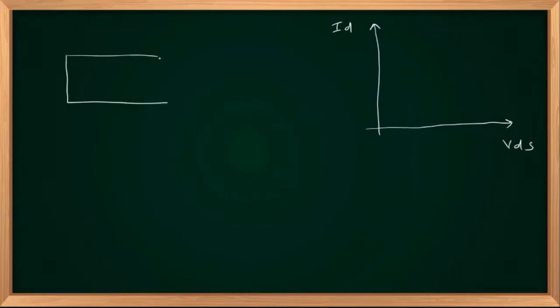And this discussion is important to identify the condition for saturation and linear or triode mode of operations. Right, so let us take an N-channel case and let us plot the ID versus VDS characteristics.